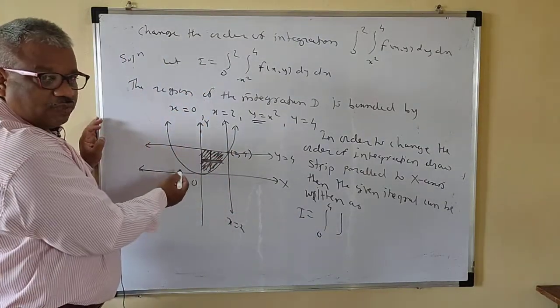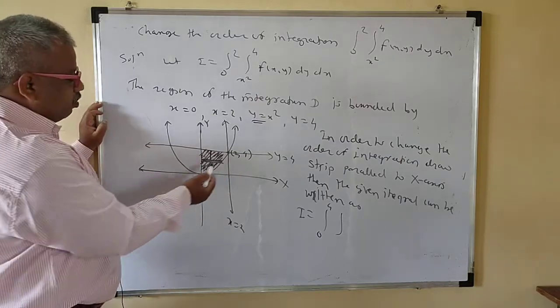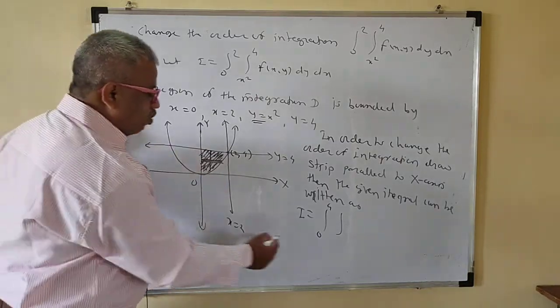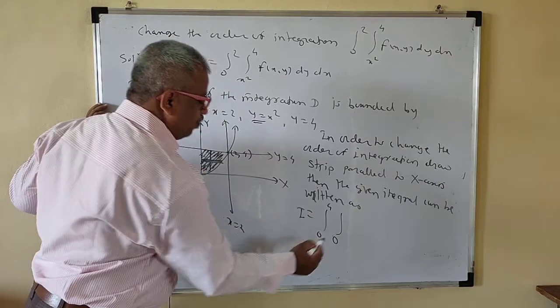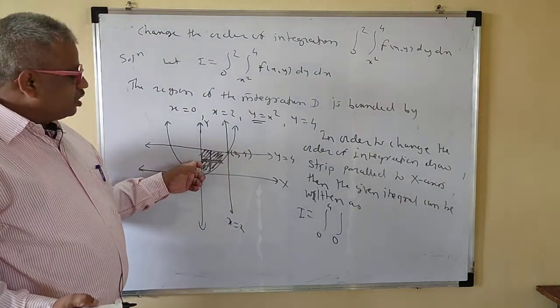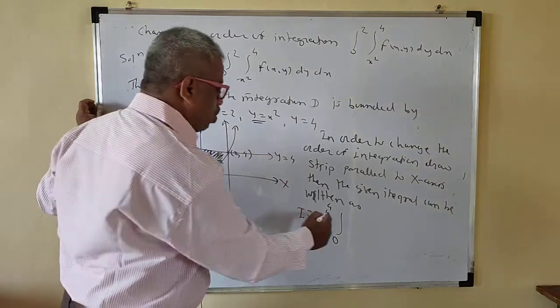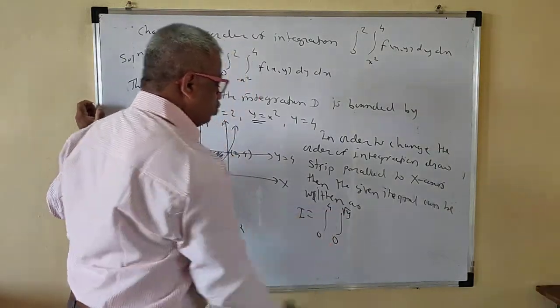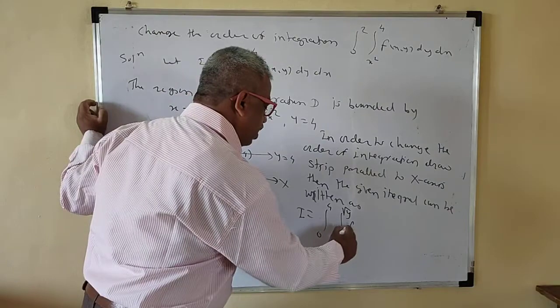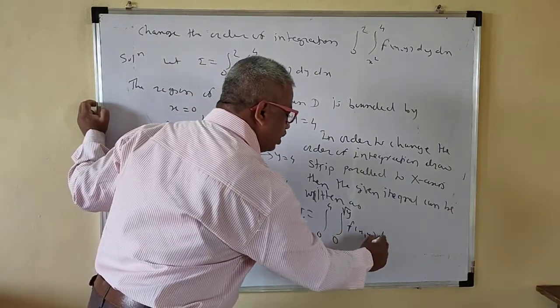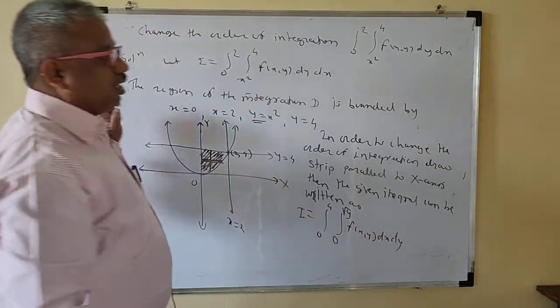Then x from the left curve and x from the right curve. X from the left curve is x is equal to 0. And the equation of this is x, so this is root y. We are in the first quadrant, you have to take the positive root. So root y. Integral of f of x y dx dy. See, the order is changed here.